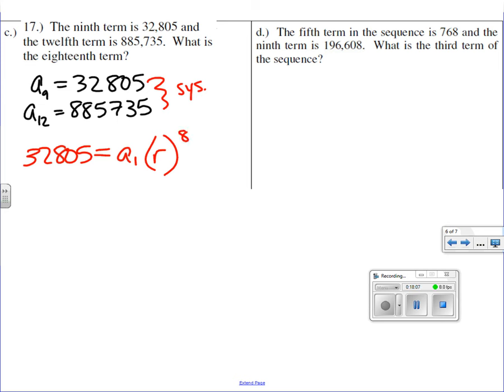Okay. Ethan, give the second equation a go. Good.